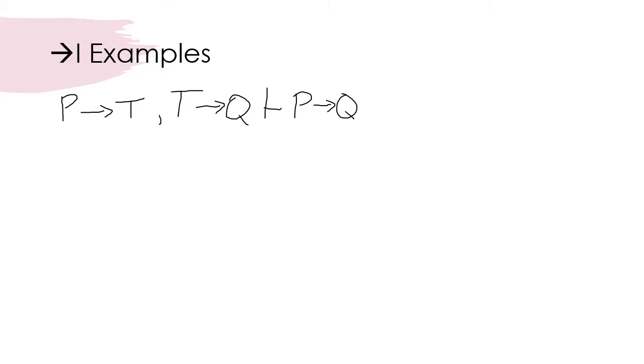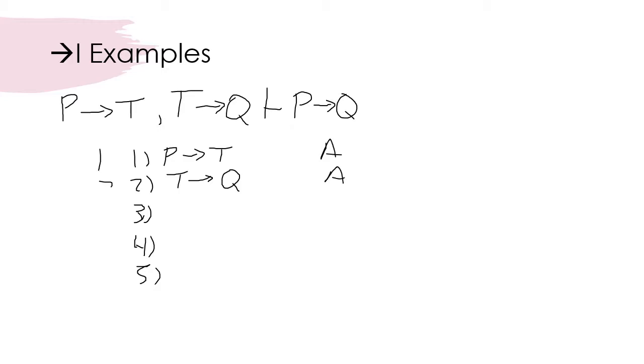If we were doing derived rules in this class, you would be able to do this easier, but we're not doing derived rules, mainly because you don't need them in here. But this is how we do conditional proofs. So first thing, same as every other proof, we start by listing our assumptions and we mark them with A's for assumptions, like so.